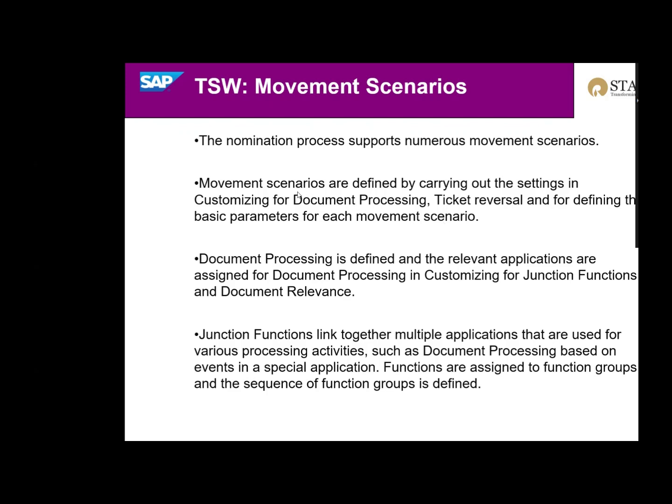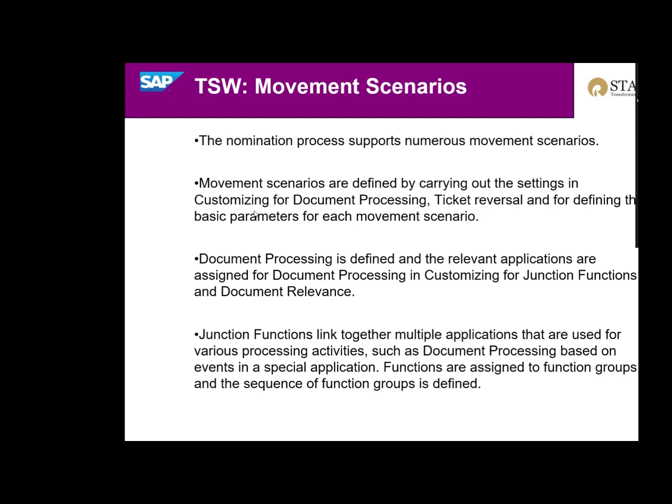One forward movement, one reversal we have done. When you did the forward movement, it created the sales order, delivery, goods issue. When doing the reversal, it reversed the goods movement, deleted the delivery, deleted the sales order.